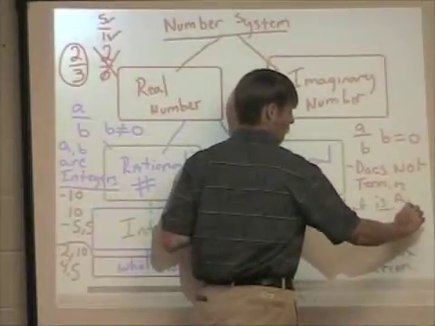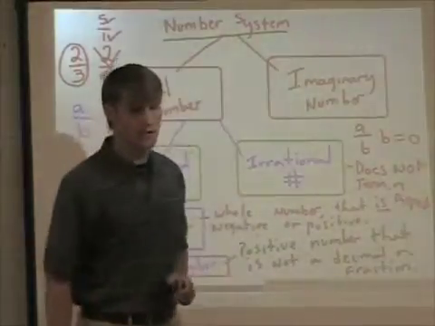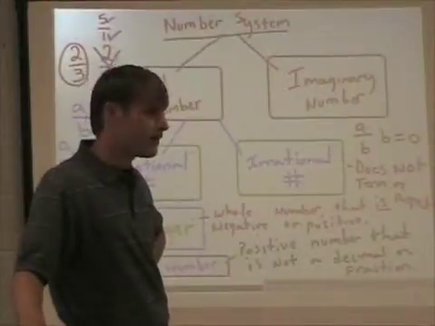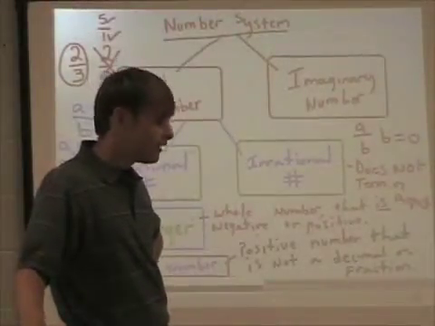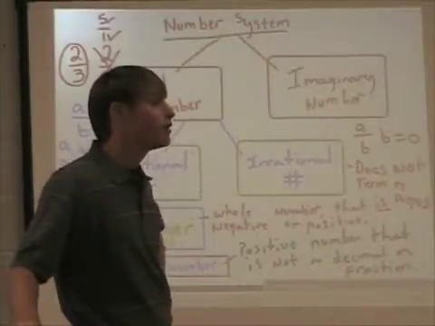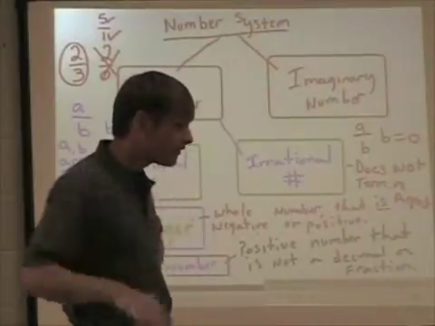Don't terminate means the same thing as repeat. Now, how many of you have seen the movie The Terminator? What does he do to people on The Terminator? Terminate them. He gets rid of them, right? To terminate them means to get rid of them, to kill them.